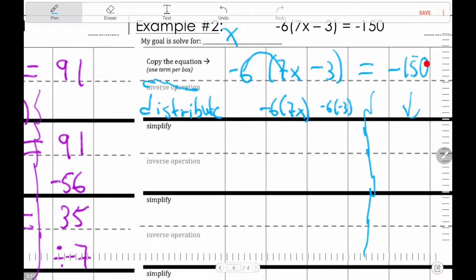6 times 7 is 42. -6 times 7 is -42. -42x. Okay, and -6 times -3 is positive 18. Now, let me bring down this -150.